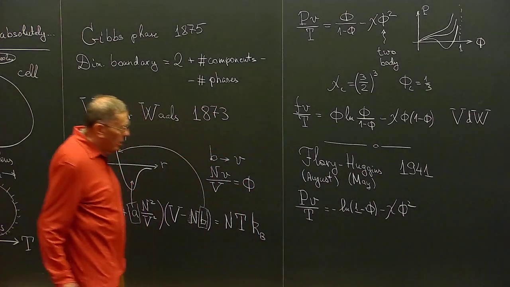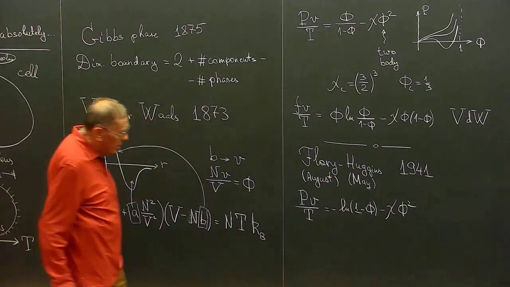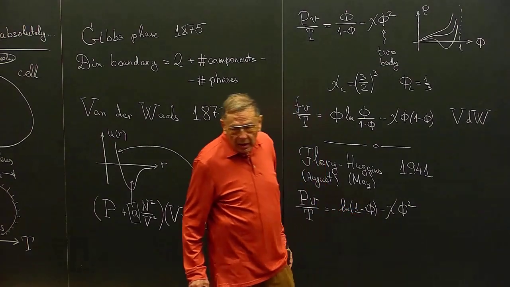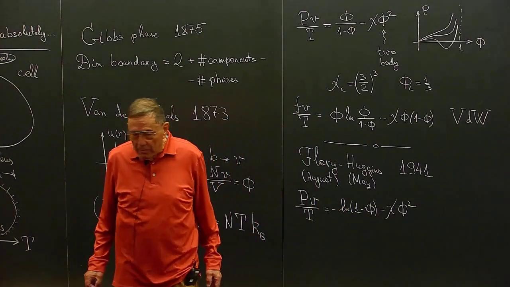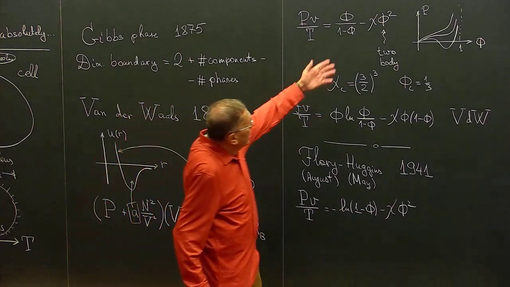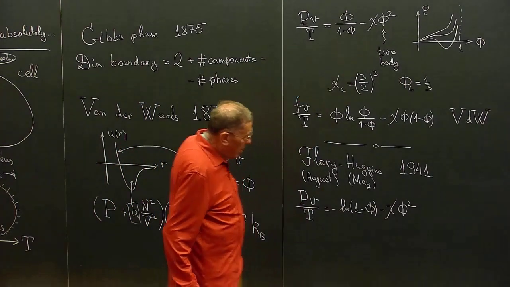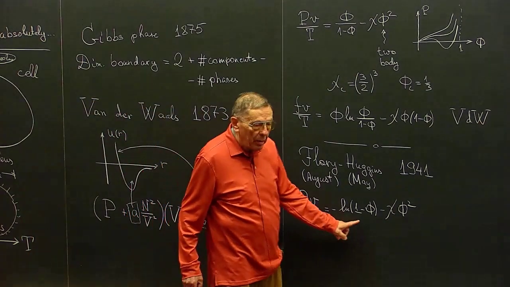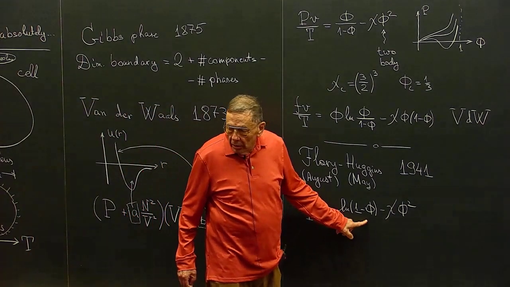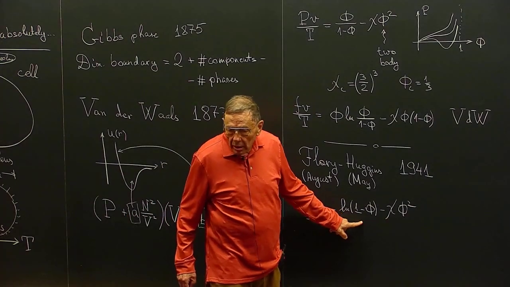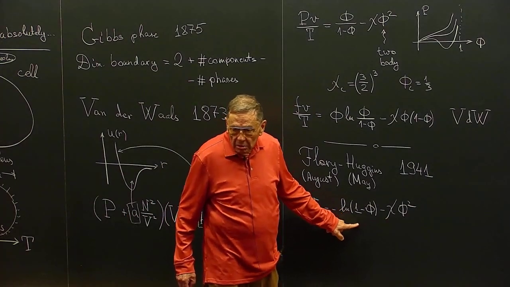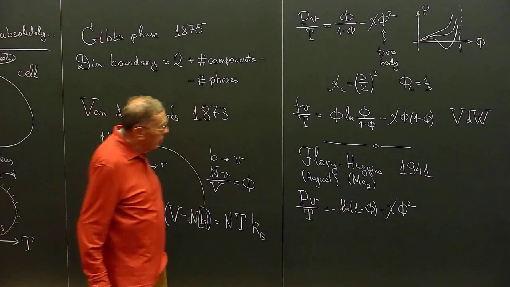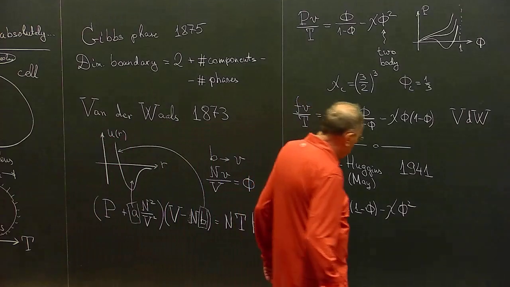So Flory-Huggins denoted this energy parameter in units of kT as chi. It's called the chi-Flory parameter or Flory-chi parameter, which is why I used chi here. Okay? So it's the same thing. It does blow up at dense packing. At small density, it is still an ideal gas, so it's the same thing. But it does not blow up quite that strongly.